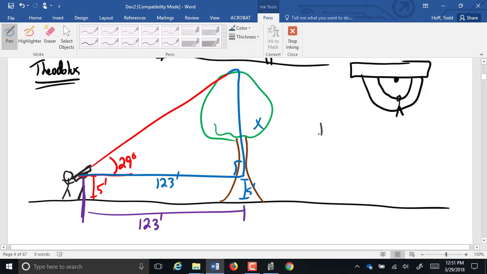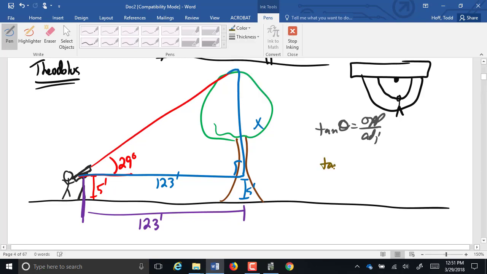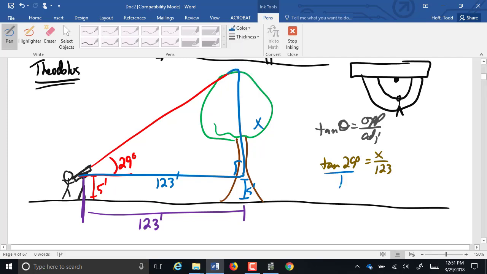But you're right. Somebody said tangent out there. Tangent's opposite over adjacent. Yes, it's going to be tangent of 29 degrees. Opposite side is X. The adjacent is 123. So we're going to solve that. We're looking for a side, so we put the trig function over 1 and we'll cross multiply and divide.